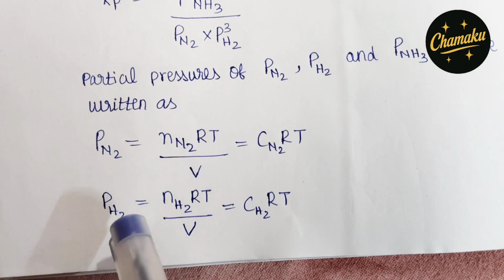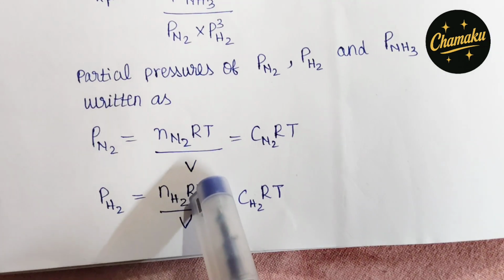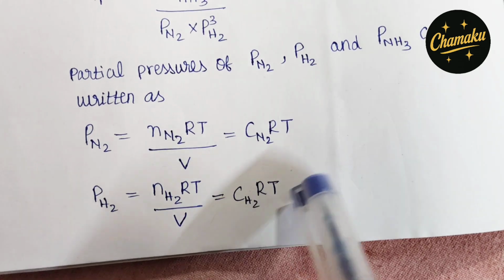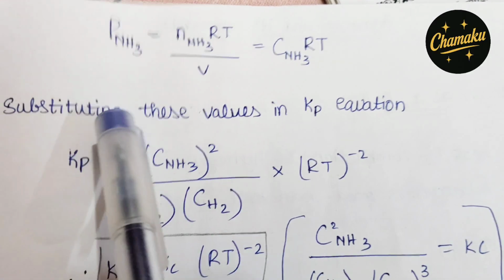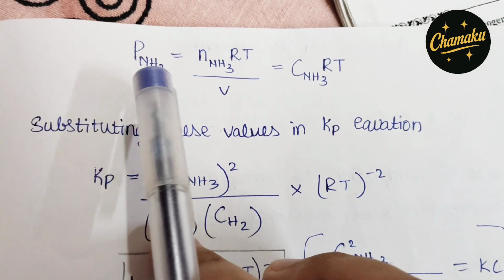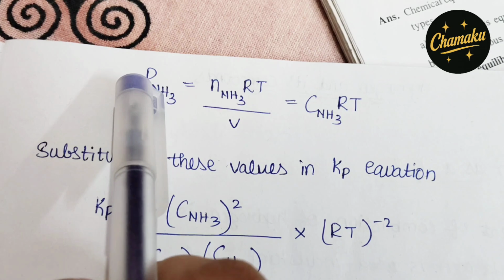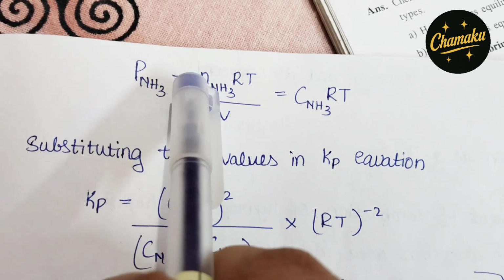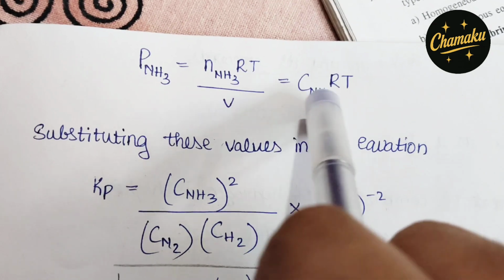Okay, so P of H2 is equal to n H2 RT by V is equal to C H2 RT. Same for all the three given reaction formulas, we have to apply this. Okay, so PNH3 is equal to n of NH3 RT by V is equal to C NH3 RT.